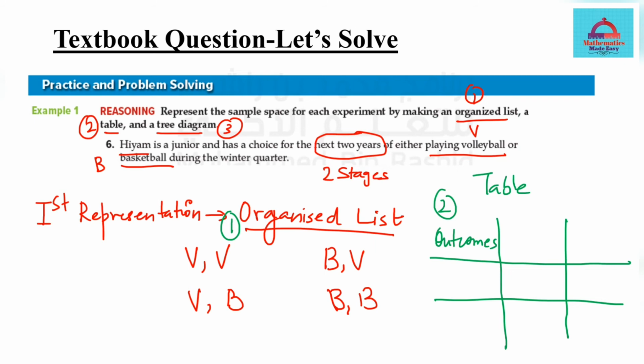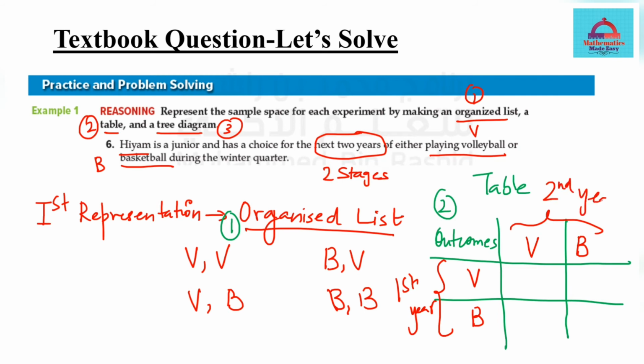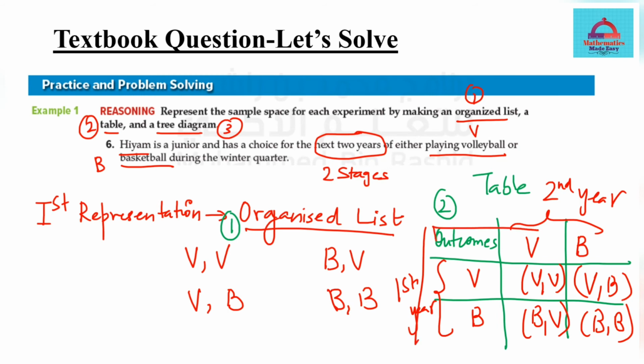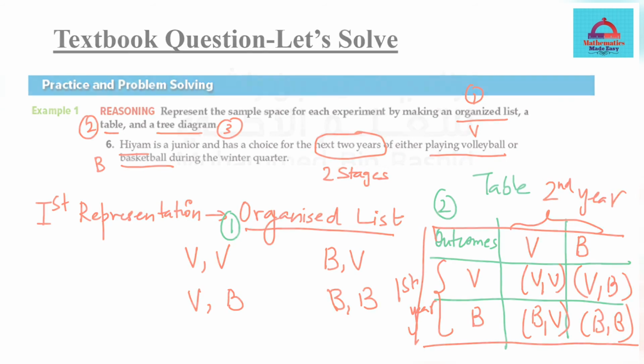So I'm writing here V and B. This is maybe for the first year, this option for the second year. So V comma V, because first year is V, second year is V, B comma V, V comma B, and B comma B. So same way we have just done, the only difference in this one is in the form of rows and columns. That's the second representation.